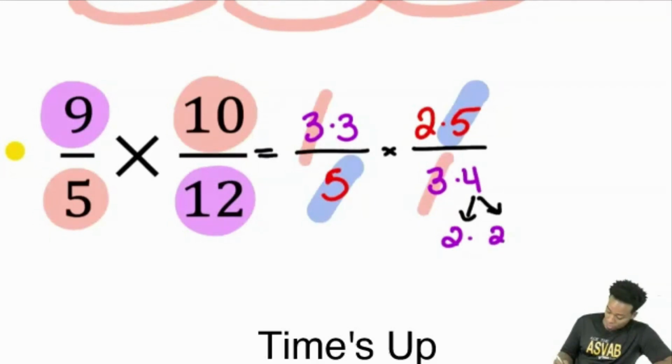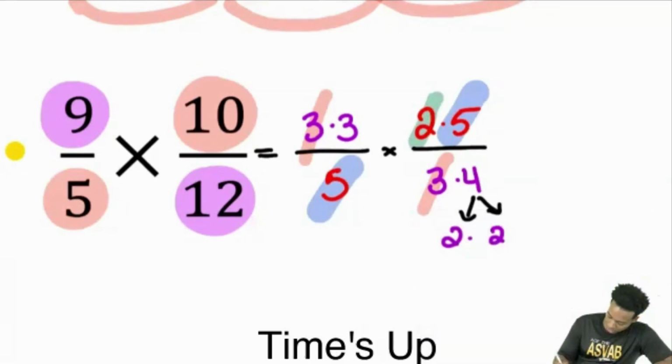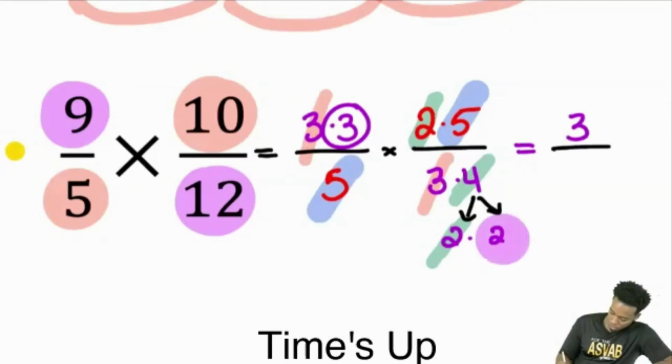Because that's going to let you cancel this out also. Take that 2 and that 2 out. So what we have left is literally going to be, look at this, 3 over 2.